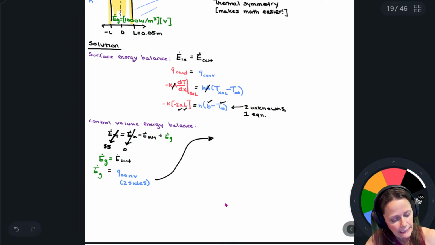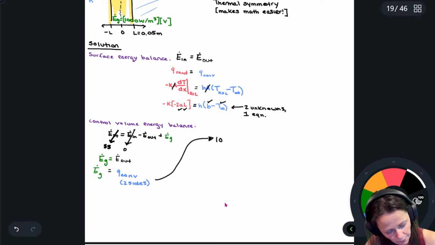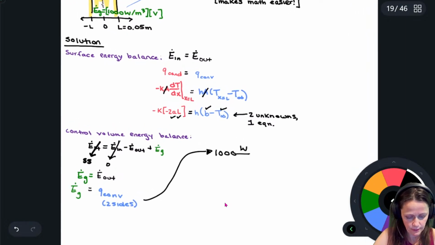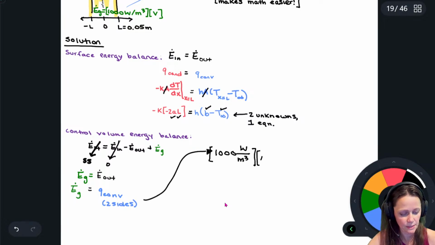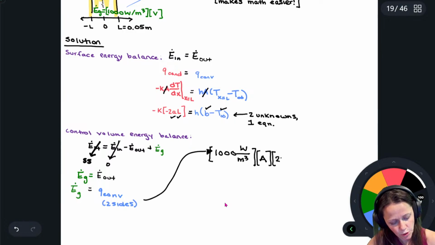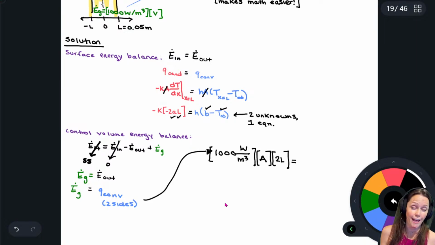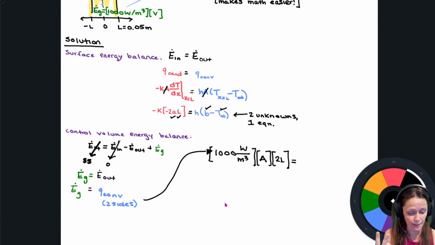So my E dot G is 1,000 watts per meter cubed times our volume, which we said was the area times 2L. And now we've got the convection, and it happens on two sides.